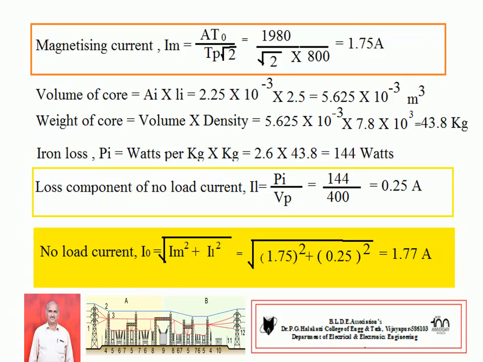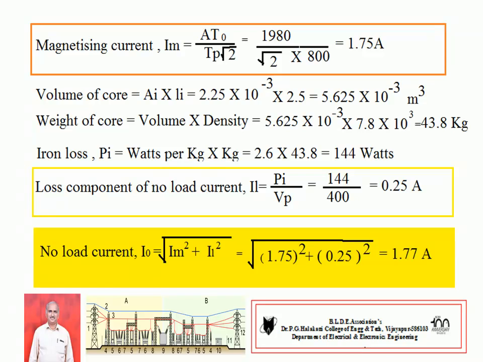So we are going to get 5.6 into 10 to the power of minus 3 meter cube. Then the weight of core equal to volume into density, because density is in kg per meter cube. Volume meter cube we are going to cancel, remaining is kg. So we are going to get 43.8 kg.